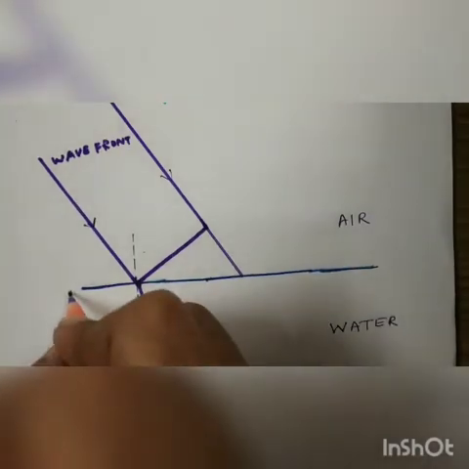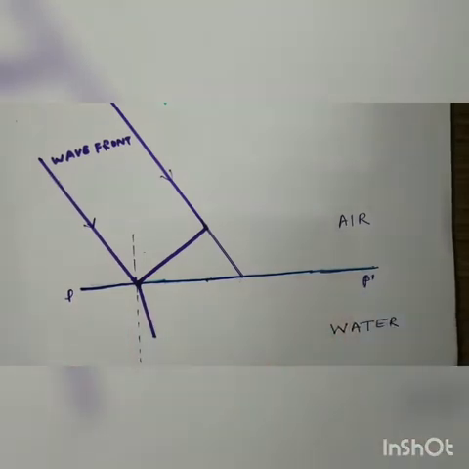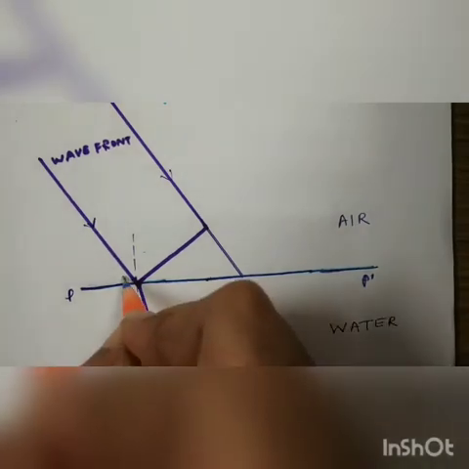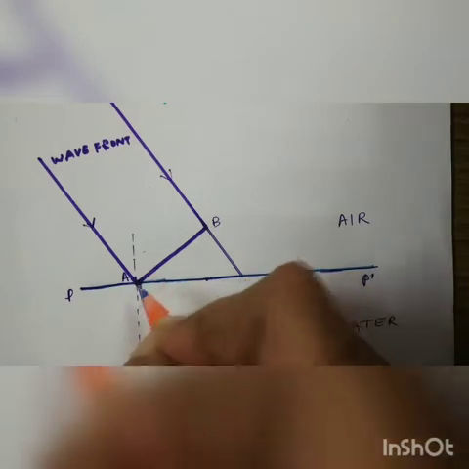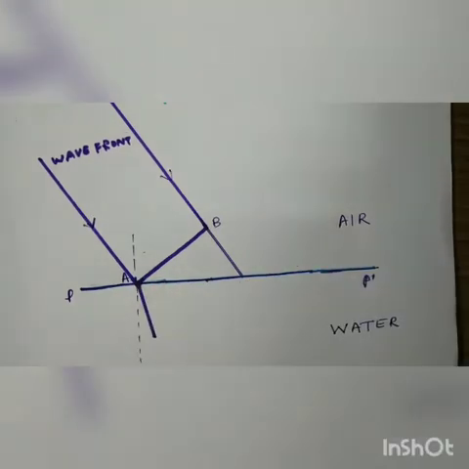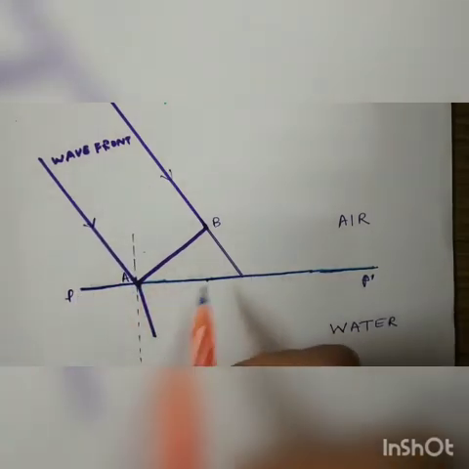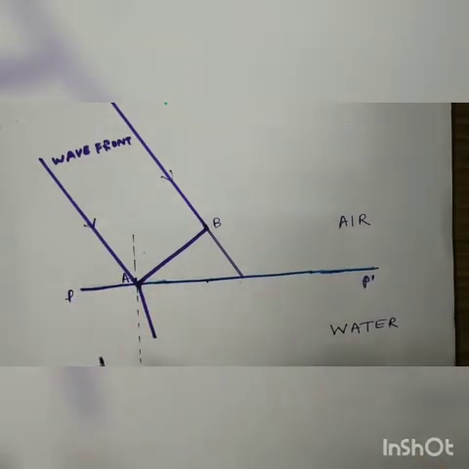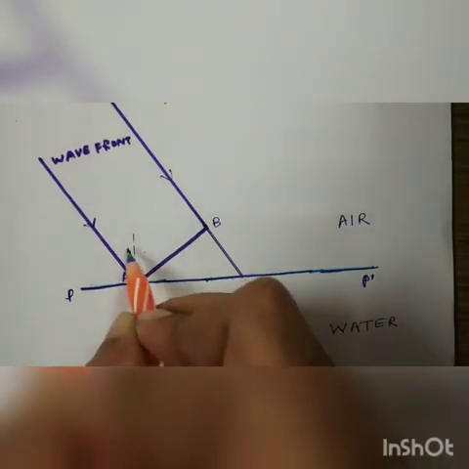Let PP dash be the surface of separation of these two media, air and water, and let AB represent the plane wave front. Now the point A of the wave front has touched PP dash, and let I be the angle of incidence.